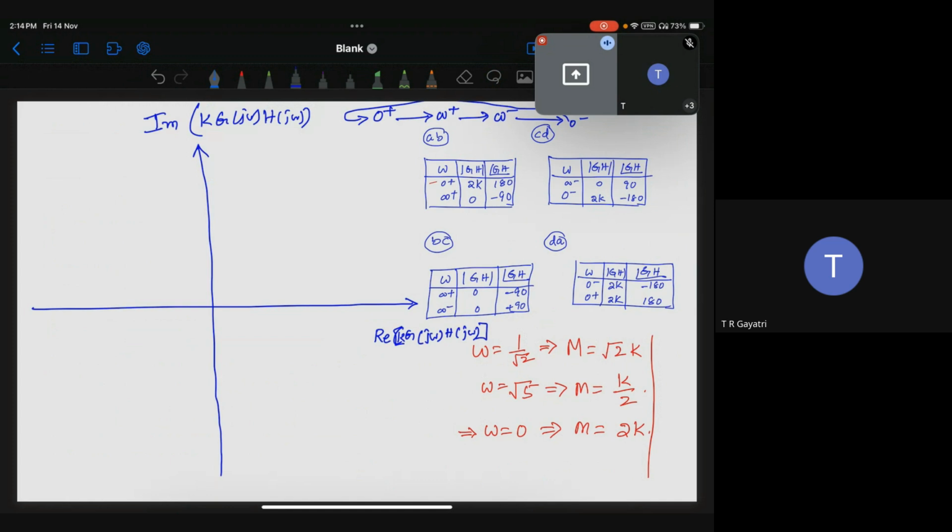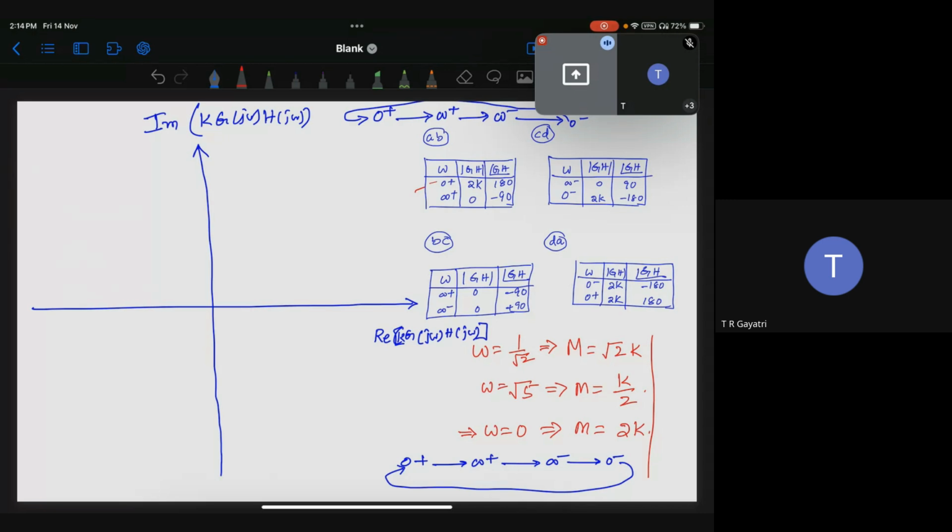Is this clear? Let me write it here. So 0 plus, infinity minus, 0 minus, back to 0 plus. That's how we will proceed with all the values. First check this one, AB. Where does it start?